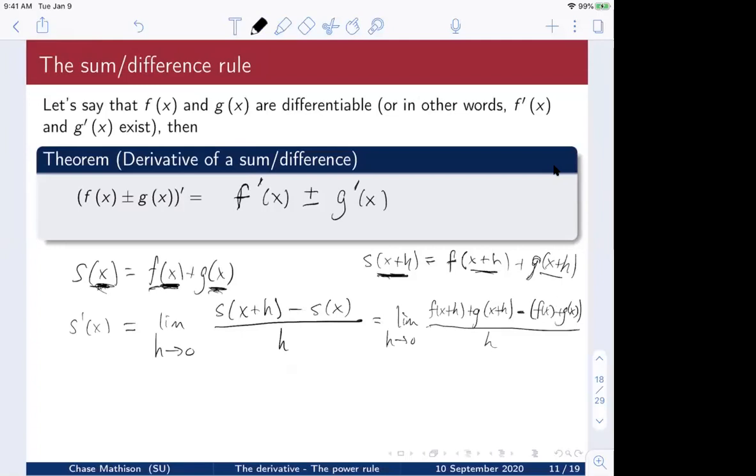If we reorder some things and distribute the negative, this is the limit as h approaches 0 of f of x plus h minus f of x, plus g of x plus h minus g of x, all over h. Are there any questions on that so far?